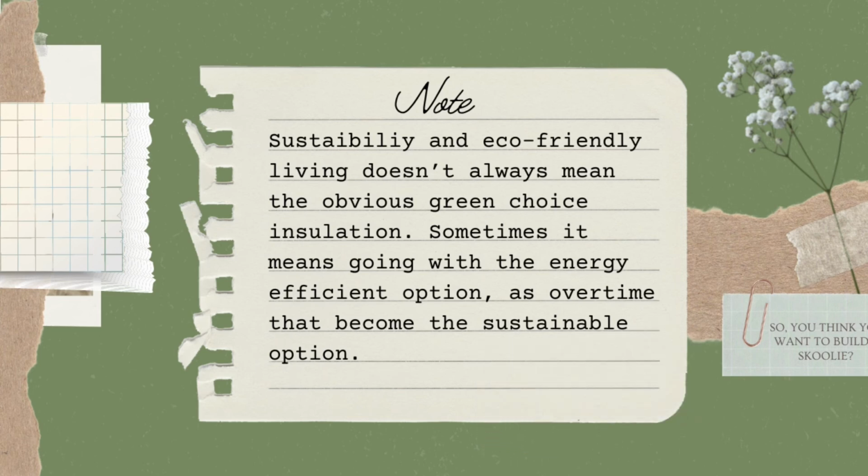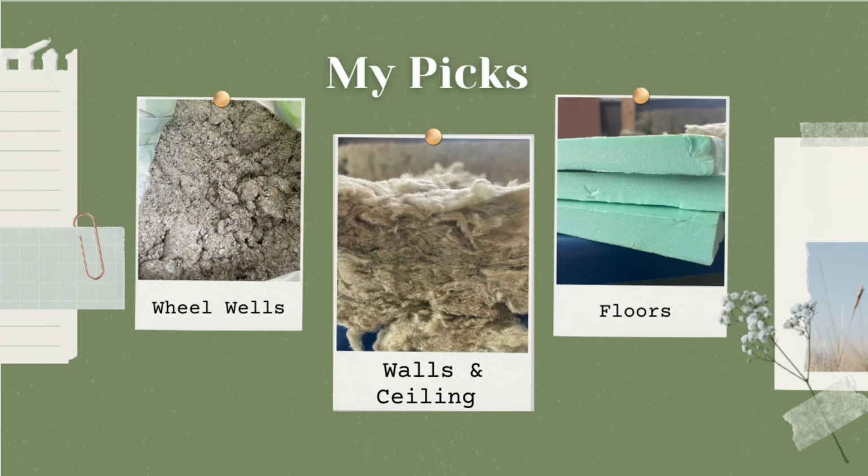Now if you guys are curious as to my picks, yes, I really wanted to go with Havelock wool. I wanted to do so many things, but of course it wasn't in my budget at the time, especially for someone who was building during a global pandemic.